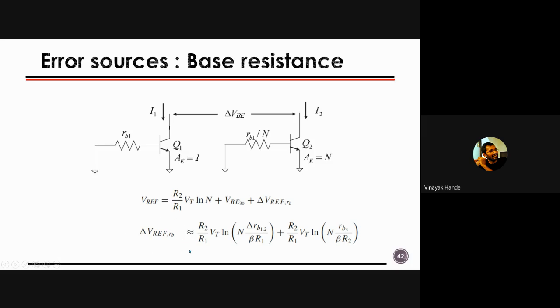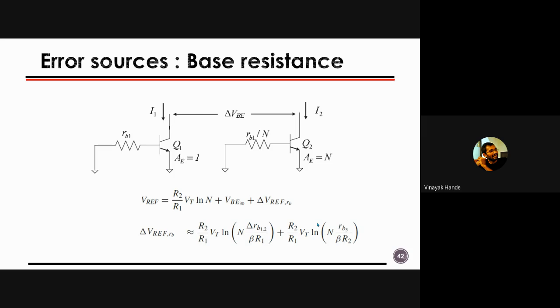And again, if we look closely, the R2 by R1 factor also comes into the picture, right? Because the base resistance is also creating variations in the reference voltage, but by reducing the scaling factor, that is R2 by R1, you can reduce it, right?